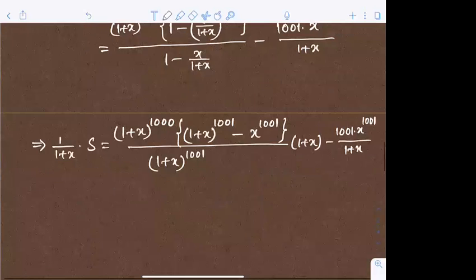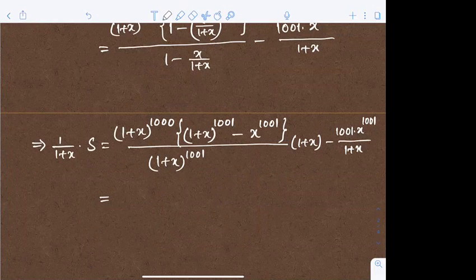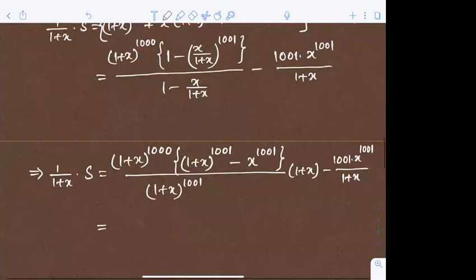So finally আমি যেটা পাচ্ছি সেটা হচ্ছে (1 plus x) whole to the power 1000, এটা যদি আমি মাল্টিপ্লাই করি, আর এখানে একটা (1 plus x) আছে ডান দিকে, এখানে একটা অলরেডি (1 plus x) আছে, টোটাল (1 plus x) এর পাওয়ার আমার দাঁড়াচ্ছে, এক মিনিট এটা কোথা থেকে এলো?